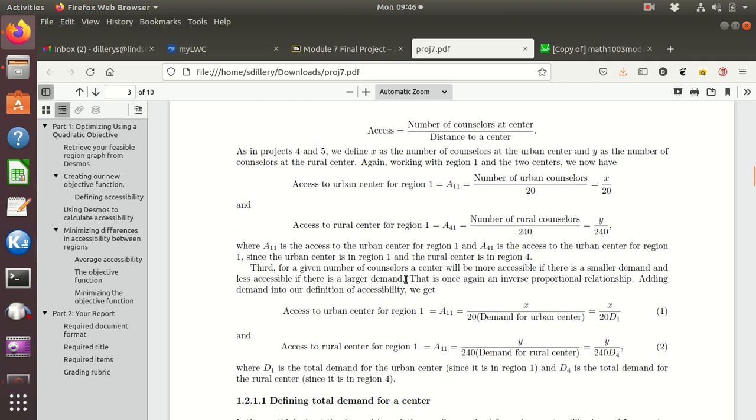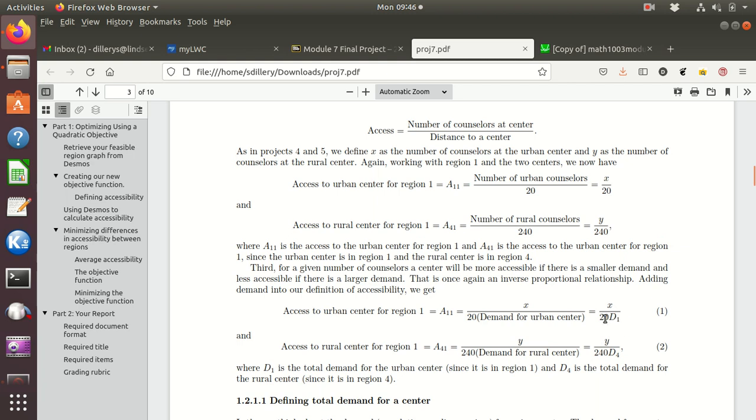But the number of councilors, so third, finally, doesn't tell you everything. Say you've got 10 councilors at the urban center, but maybe you've got 100,000 people trying to use them, whereas maybe you only have 2 councilors at the rural center, but only 1,000 people trying to use them.